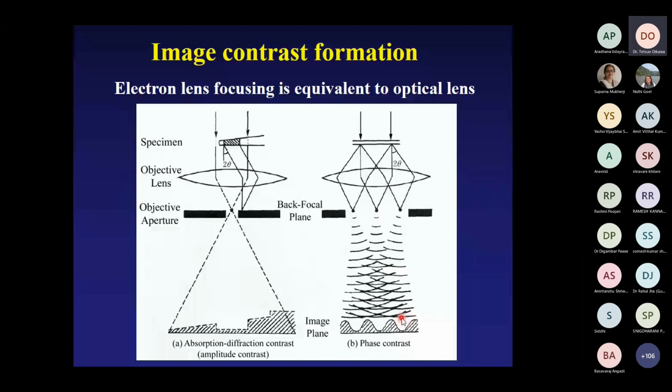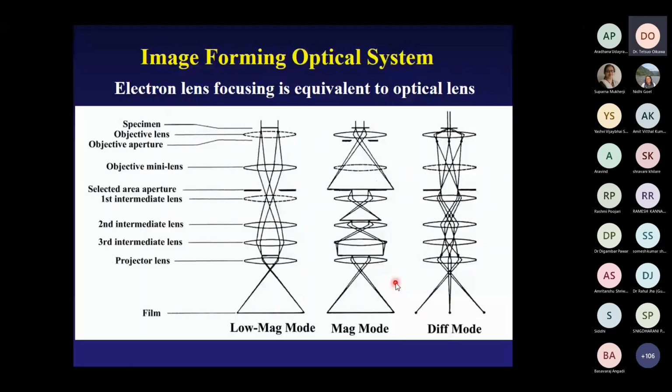This is a diagram of the image forming lens system. In the conventional imaging mode, here is the objective lens, with the specimen installed just in front of it. The magnified image is magnified again by the intermediate lenses. Here are three stages of intermediate lenses, magnifying, magnifying, magnifying, and finally the additional projector lens gives high magnification.